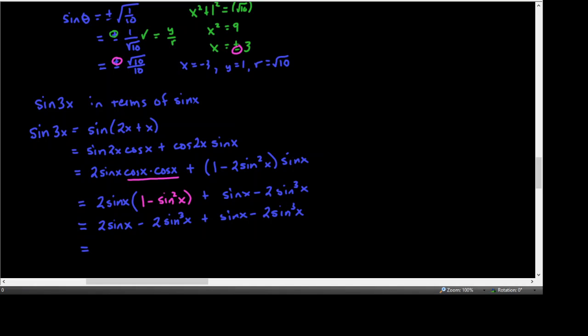And simplifying that, we get 3 sine x, combining like terms, minus 4 sine cubed x. Again, combining like terms. Okay, there's that one.